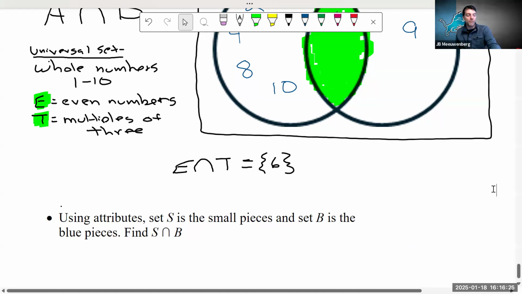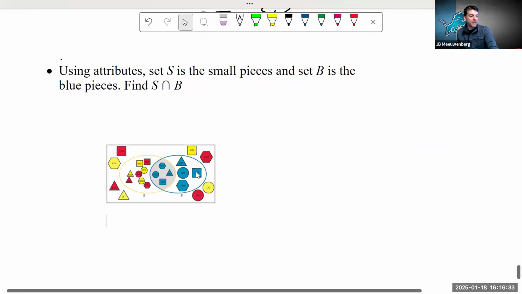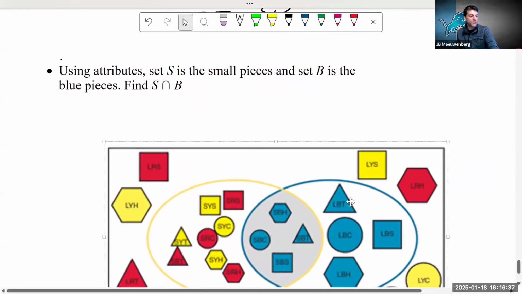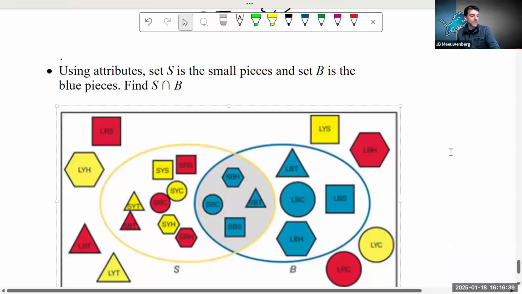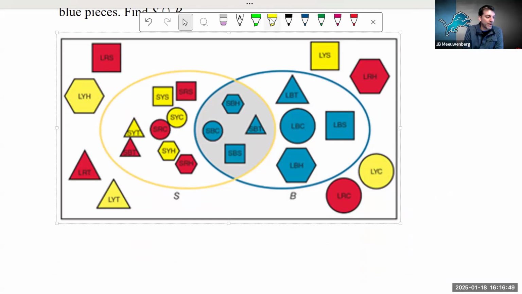So if you took all of your attribute pieces and laid them out like we did to start this whole chapter, what you would see is that they would look like this based on how we defined those two sets. Again, set S is the small pieces, so all of your small pieces are going over here on the left. All of your blue pieces are going over here on the right.